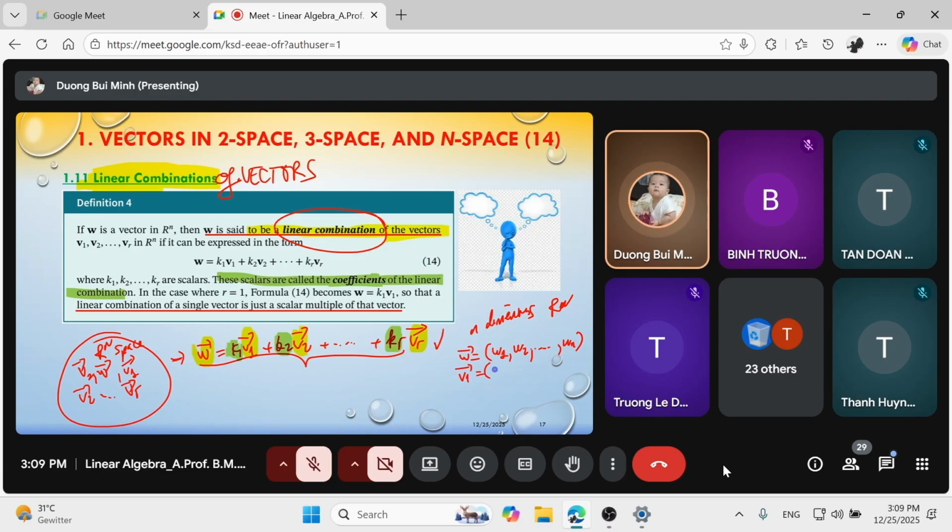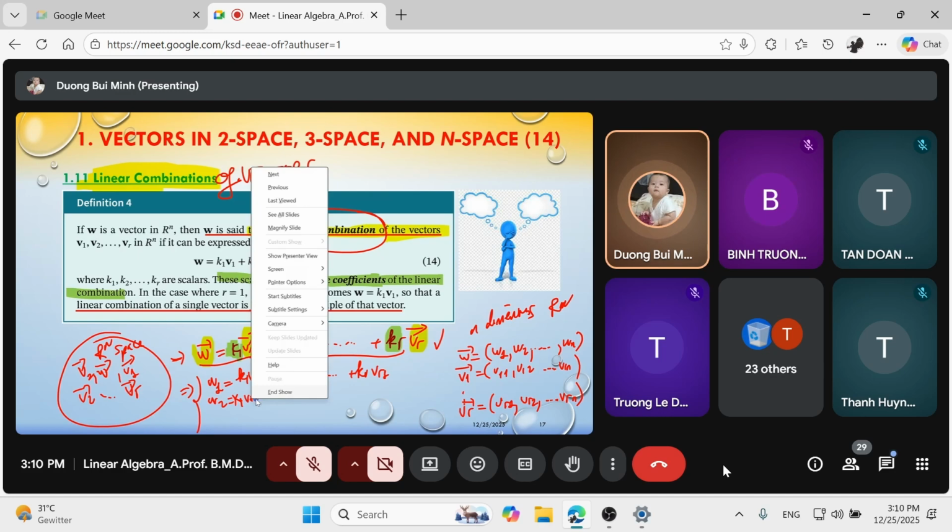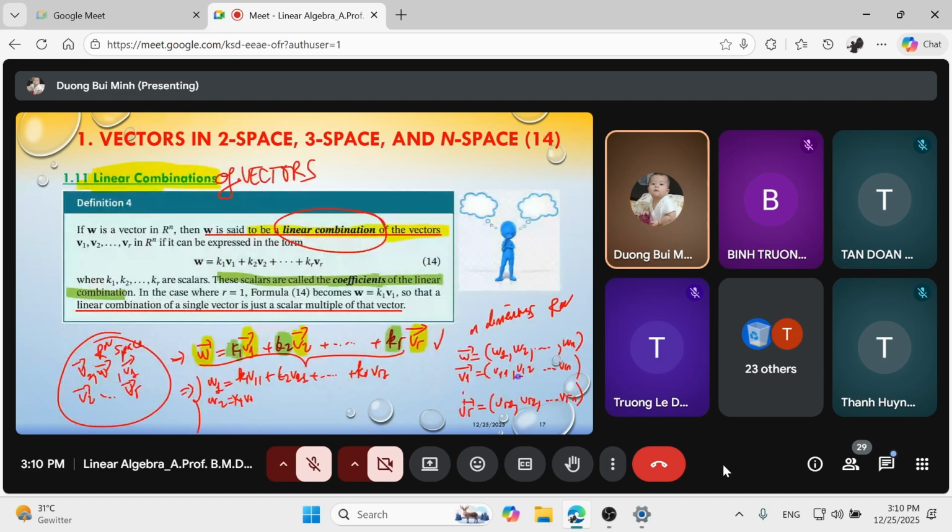For vector V1, we have V11, V12, up to V1n. And for VR, we have VR1, VR2, up to VRn. So if we write the linear system, we have W1 equals K1 times V11 plus K2 times V21 plus and so on plus KR times VR1, and then W2 equals K1 V12 plus K2 V22 plus and so on plus KR VR2.